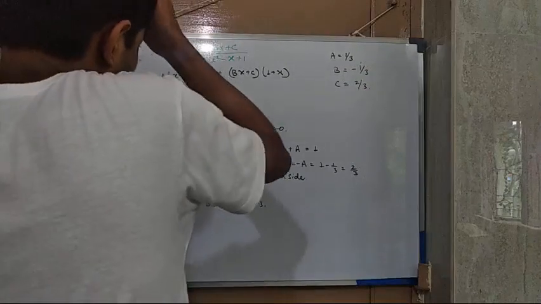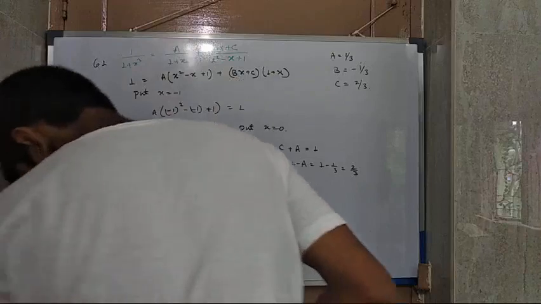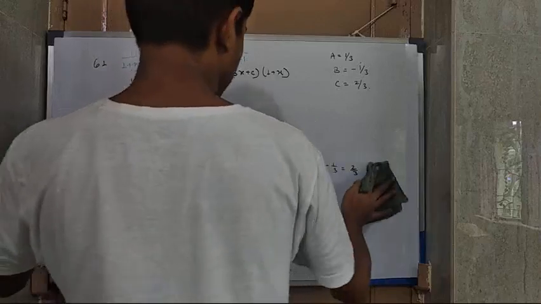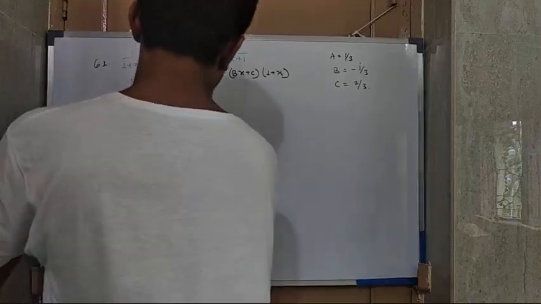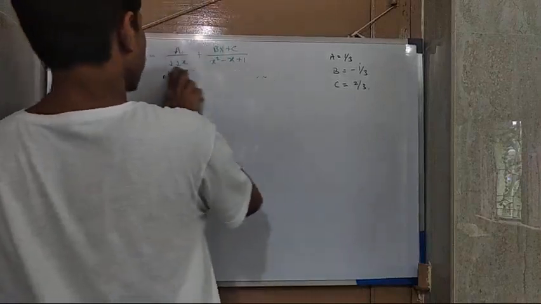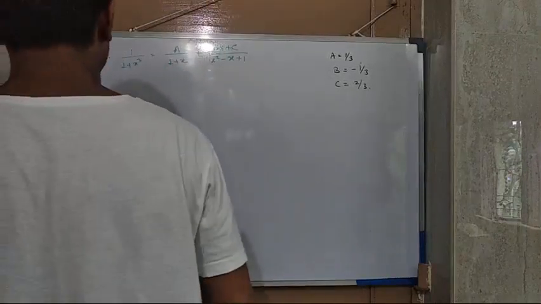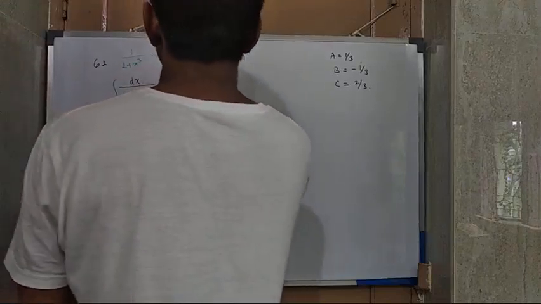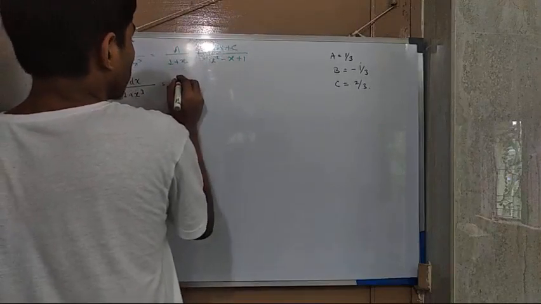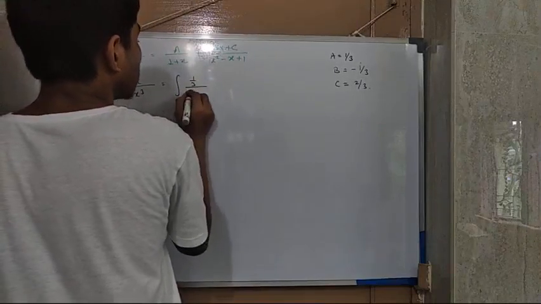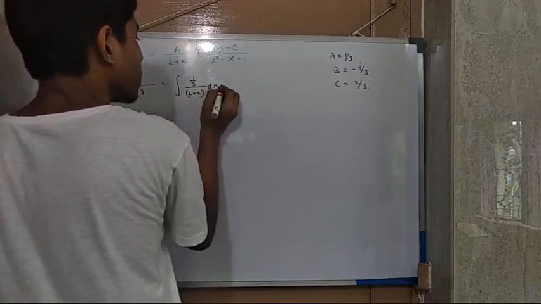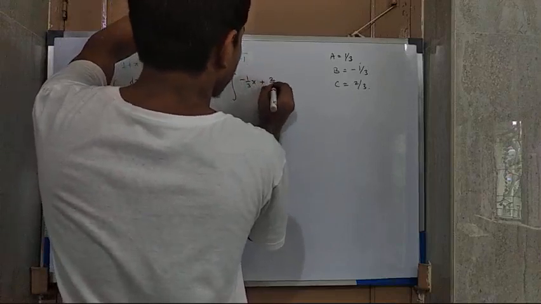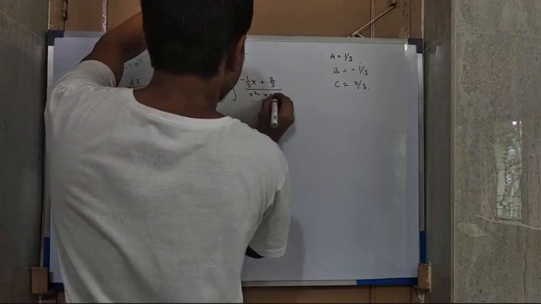So now we can integrate. This is the 61st question. Now integrating dx divided by 1 plus x cubed will be integral 1/3 divided by 1 plus x dx plus integral minus 1/3 x plus 2/3 divided by x squared minus x plus 1 dx.